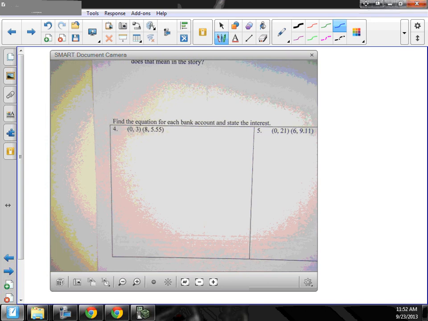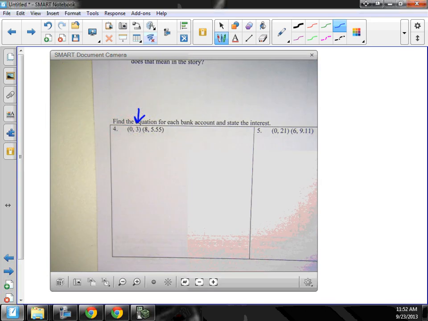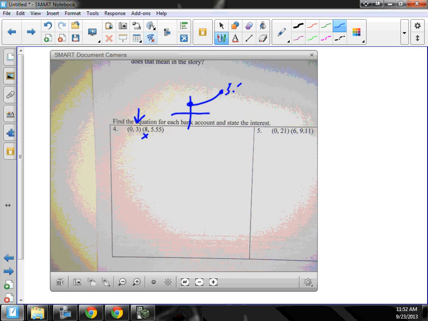So my b value is going to be 3. My x value is 8, and my y value is going to be 5.55, and this one is going up. We start with $3, and 8 years later, we're going to have $5.55. Now, this is not a very fast increase, so it's probably going to give me an m value really close to 1.